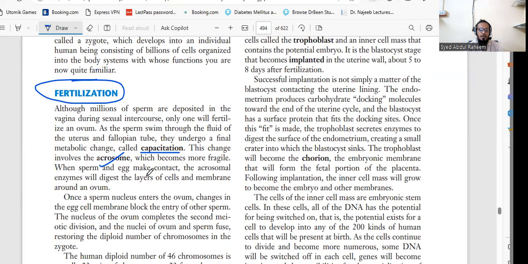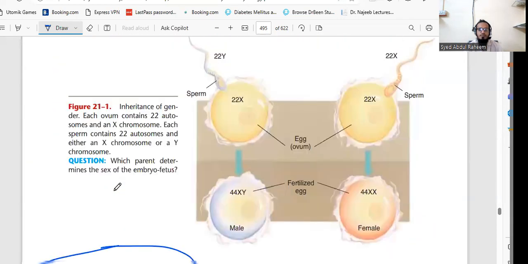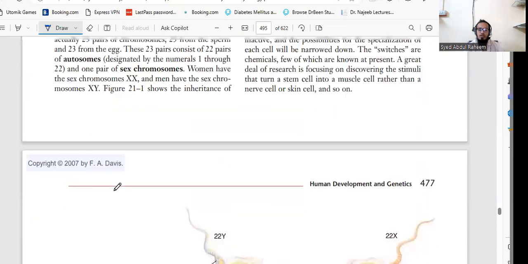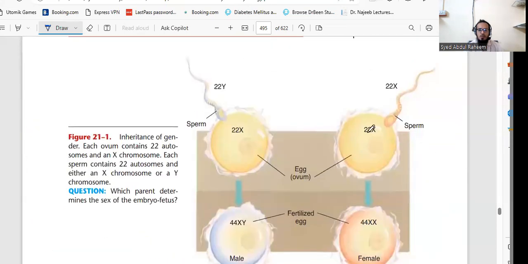When sperm and egg make contact, the acrosomal enzymes will digest the layer of cells and membrane around an ovum. So this is the ova, this is the sperm cell, and this is the acrosome. It will enter into the ova, then the membrane of the ova will break down and the sperm enters.